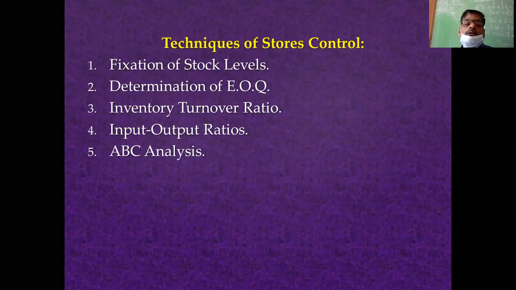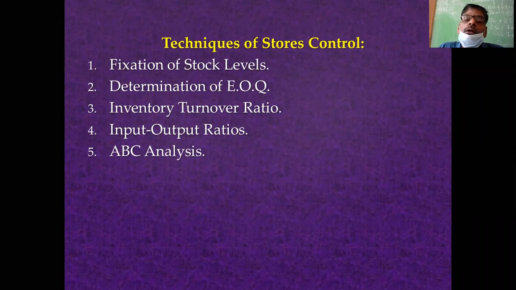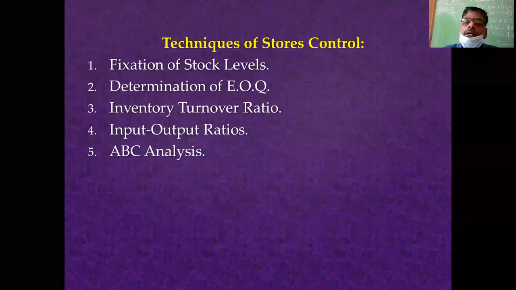Then next is ABC analysis, which means always better control. You have to maintain better control; always you have to control your material. We classify the material into three categories: A category material, B category material, C category material.